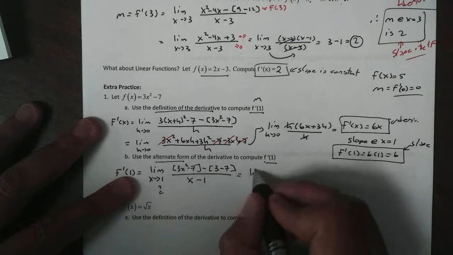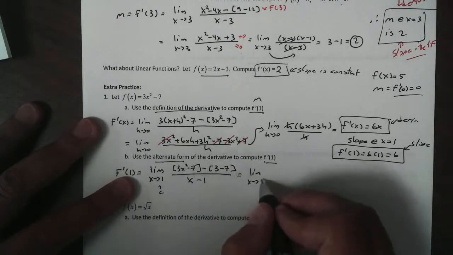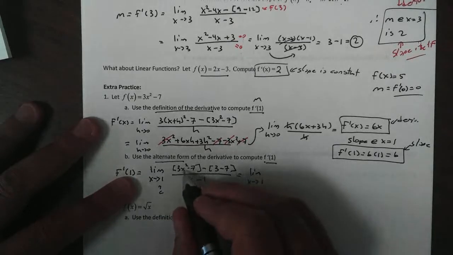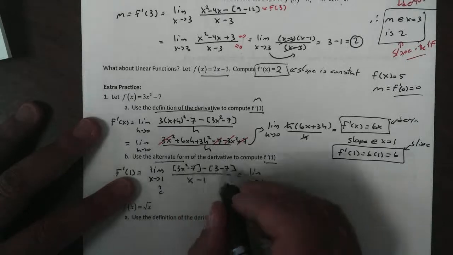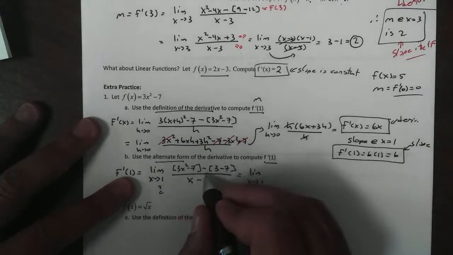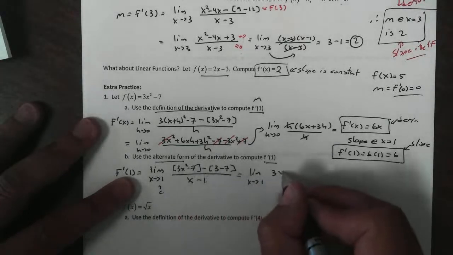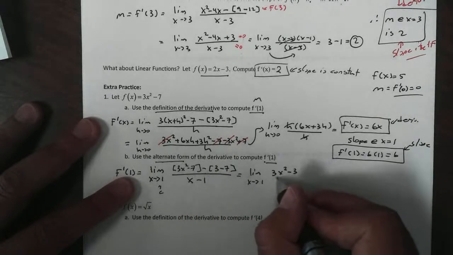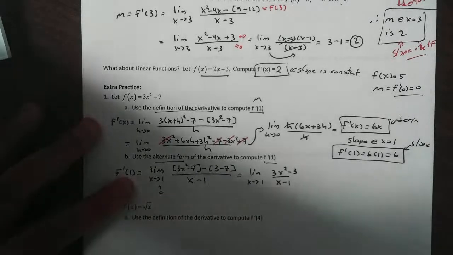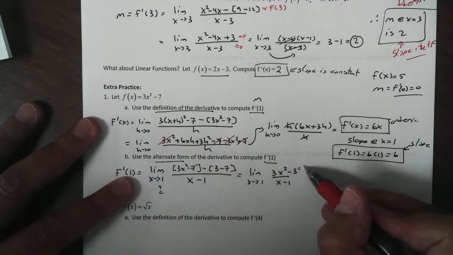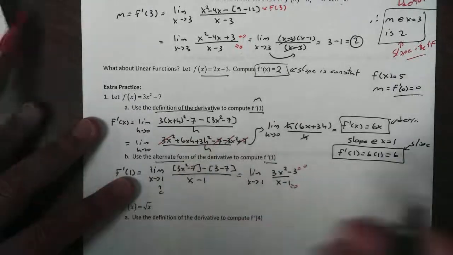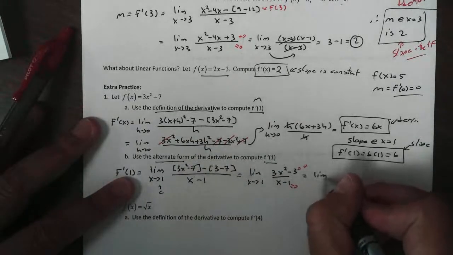And if I clean this up a little bit, this becomes 3x squared minus 7 minus a negative 4, which becomes 3x squared minus 3 over x minus 1. And again, this does become 0 over 0. So I'm going to factor the top.